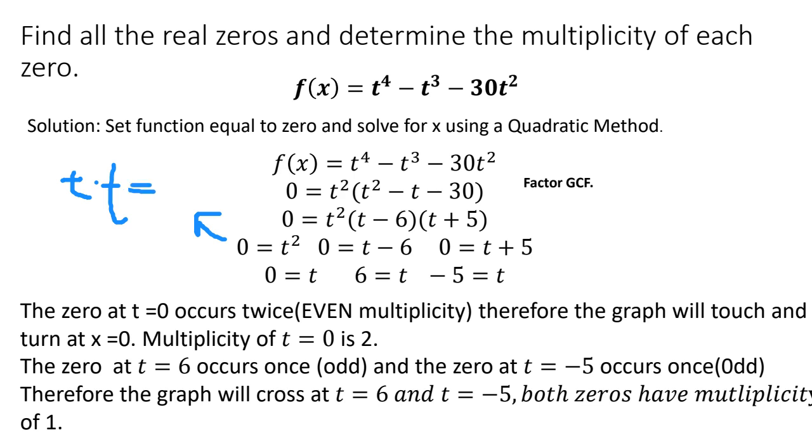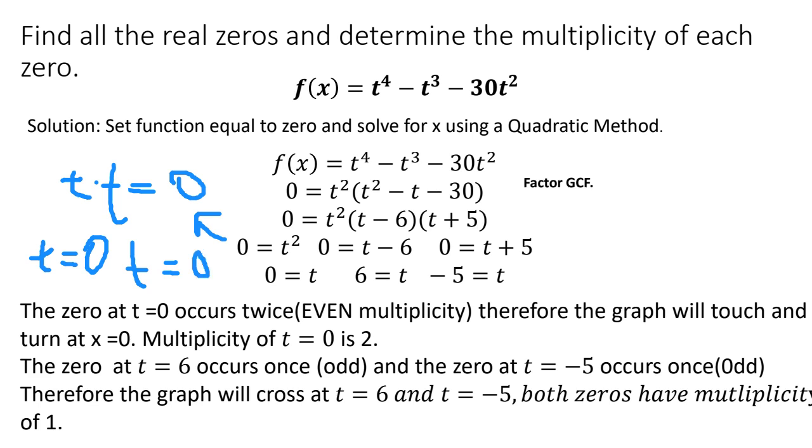So if we set each factor to 0, we get t equals 0 and t equals 0. So that means that the 0 is appearing twice.